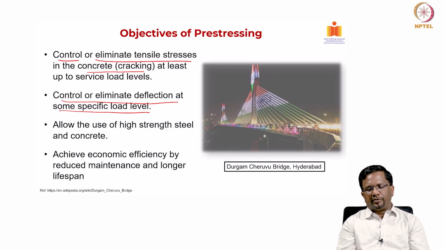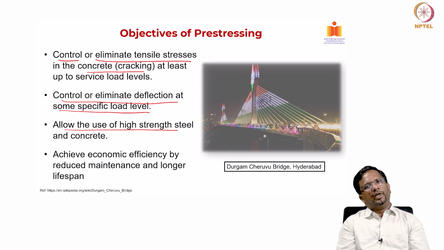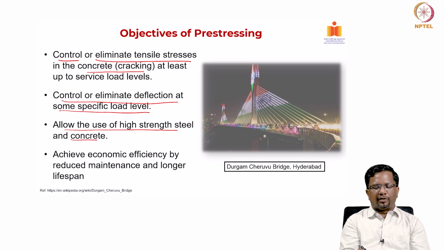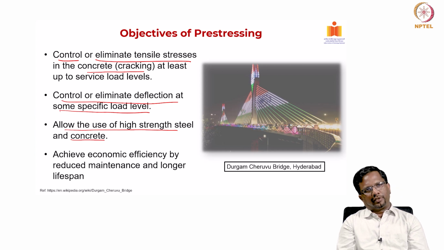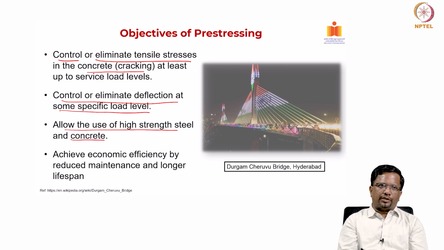Now, again, pre-stressing allows us to use high strength materials like high strength steel and high strength concrete. Okay. So, with the use of high strength steel and high strength concrete, we can come up with a very efficient structural design. So, that is another important, nice aspect.